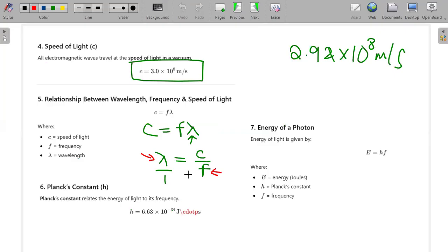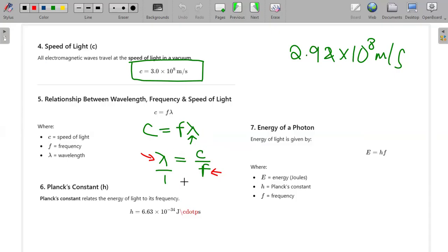And when you take a look at the wavelength and the speed, you can see both of them are on top there. So we say that those are directly proportional. Whatever you do to the wavelength is also going to happen to the speed. If you increase this, the speed increases.